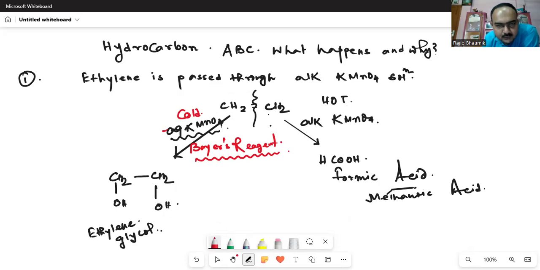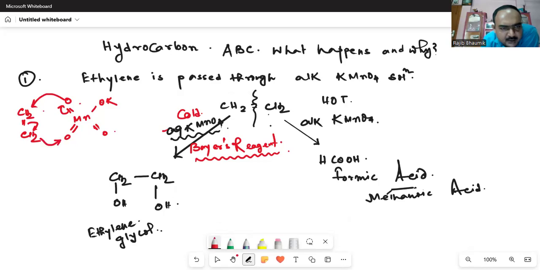If you want to see the mechanism, we have done it in class, but I'm giving the mechanism here. This is the mechanism.